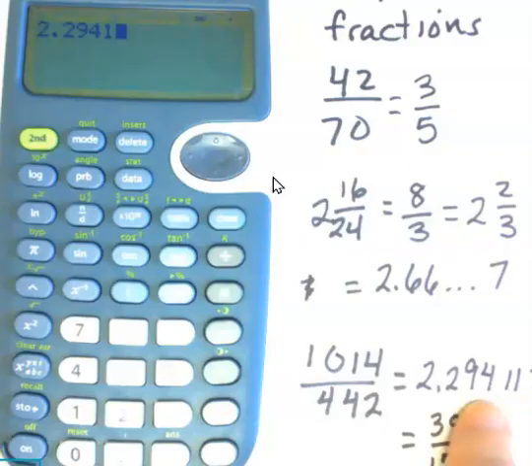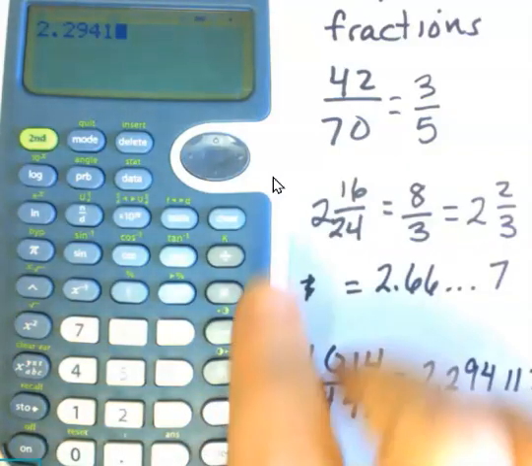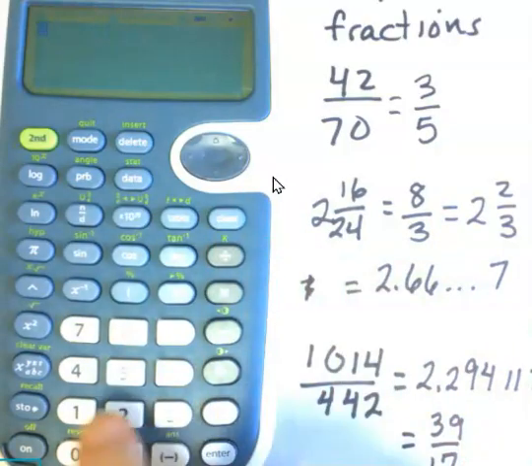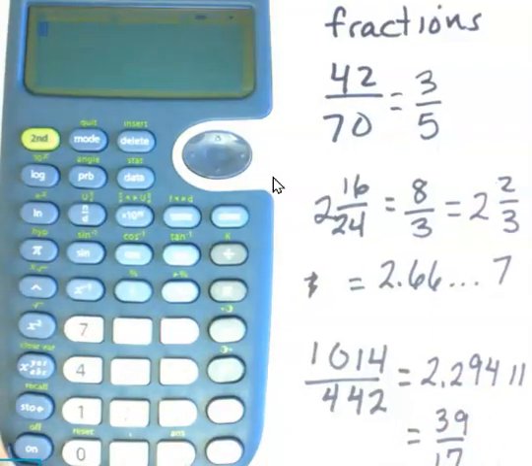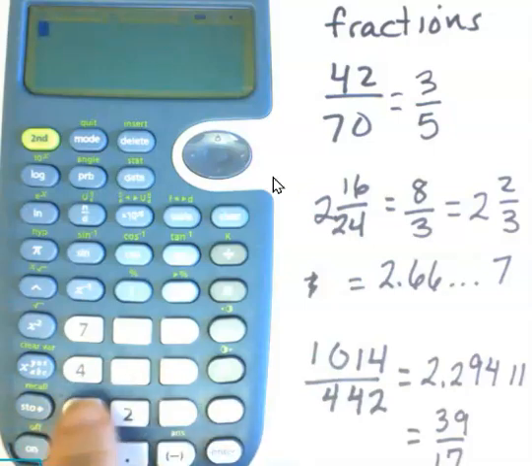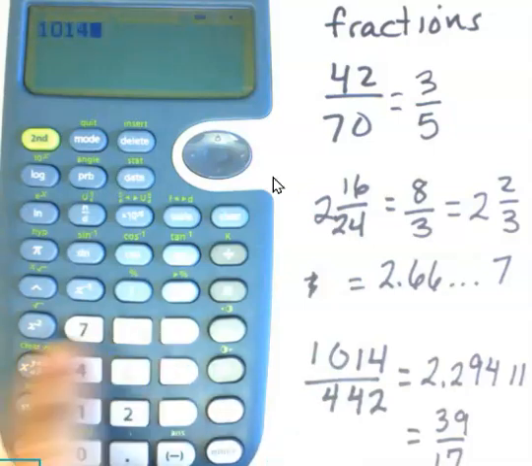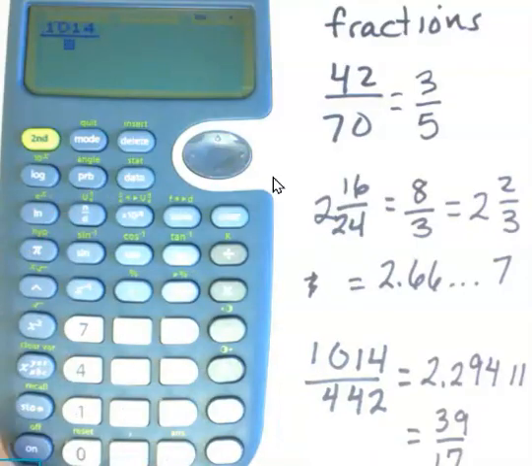You need 30 or 40 decimal places. But if you have enough decimal places, for instance, if you got them by having the calculator do that division, then the calculator will be pretty accurate. I would get this same 39/17 if I had put this in as a fraction. So if I'm going to turn it into a fraction and press enter, I get that same simplified fraction.